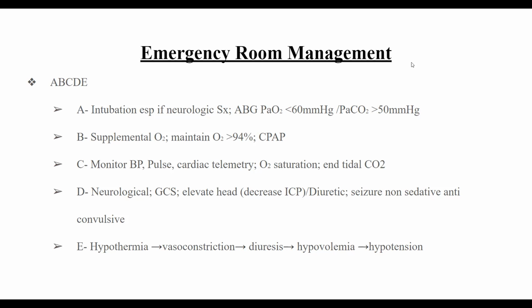D, disability, you want to monitor for neurological problems. You want to check the Glasgow Coma scale, elevate the head as to decrease intracranial pressure, or you could give diuretics.